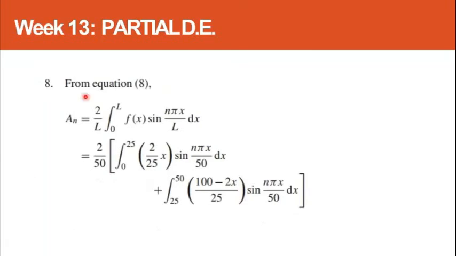And for this naman, given na rin tong formula natin or yung equation natin. Ito na yung application ng Fourier series. Fourier series natin, which is yung given na formula natin for the Fourier series is the A sub n. To get the A sub n, we have the formula of 2 over L and integral from 0 to L f of x times sine n pi x over L dx.